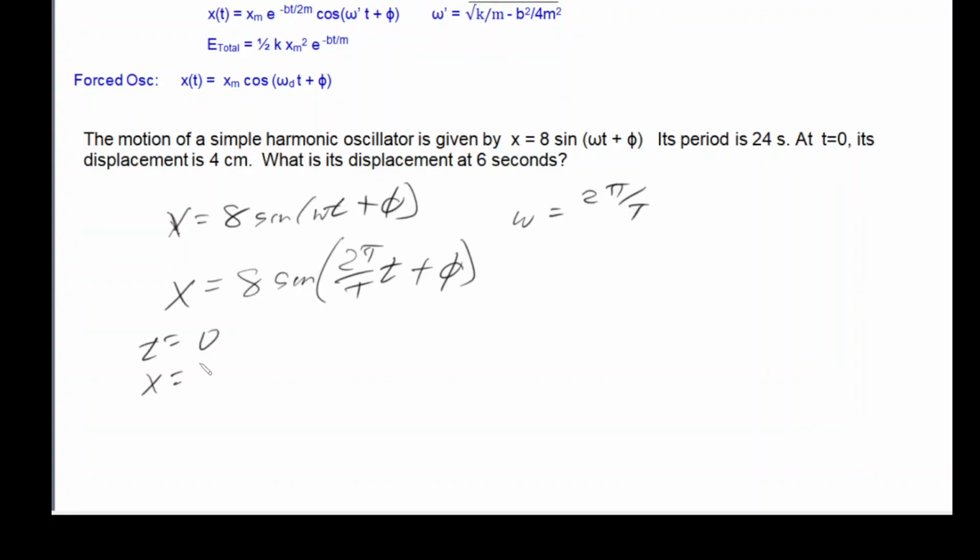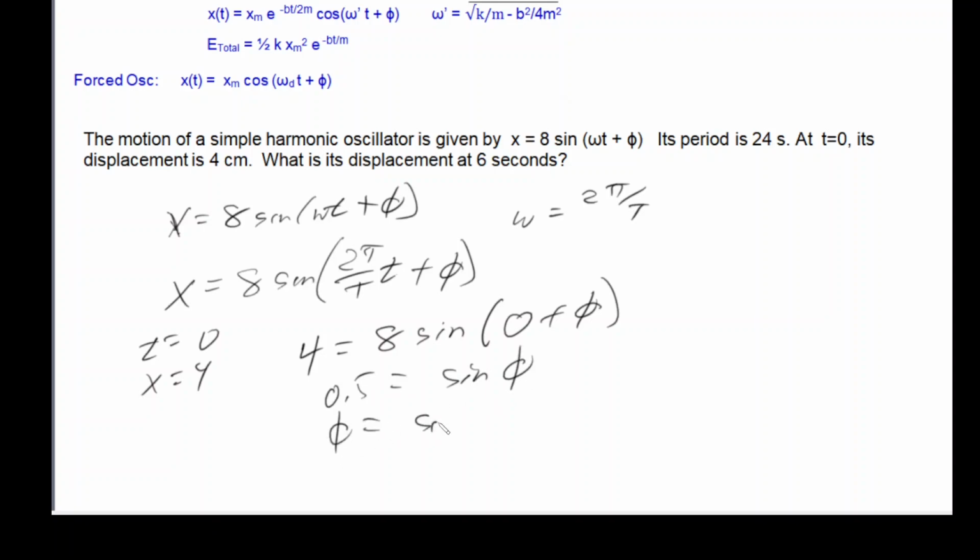We have x equals 4. So we plug that in and get 4 is equal to 8 times sine of 0, because t is 0, plus phi, or 0.5 is equal to sine phi, or phi is equal to the arc sine of 0.5, or phi is equal to 30 degrees.